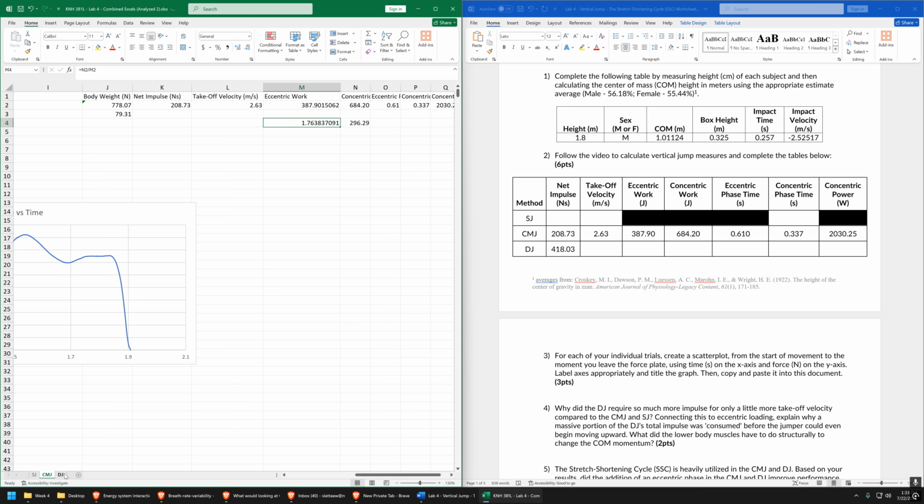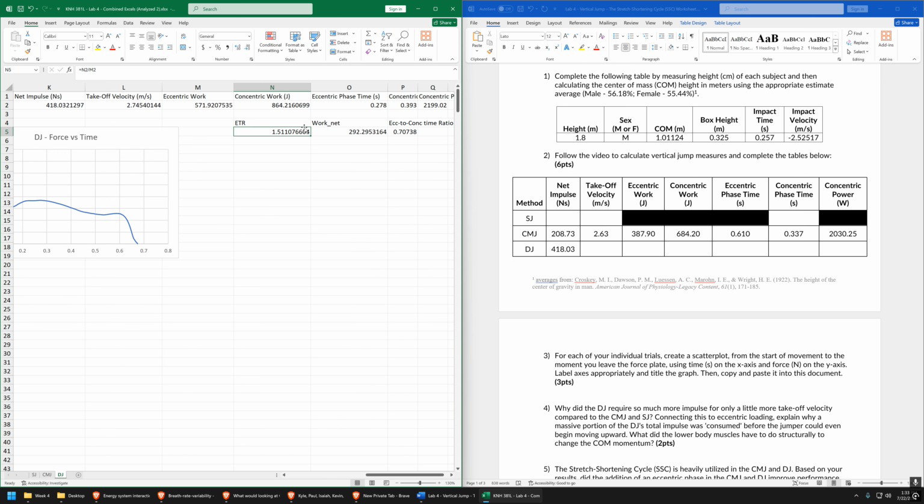There was less bleeding of energy going on, although there was more energy in the total system from the drop jump, and that's why it was able to produce a higher takeoff velocity and higher power overall. So some interesting things in there.